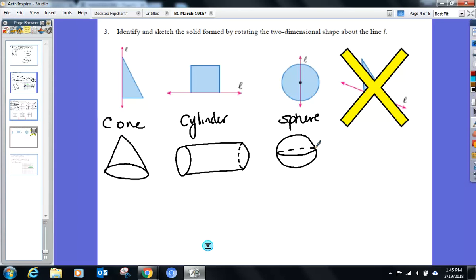Sphere. All good? So any questions rotating these figures around to make the three-dimensional object?